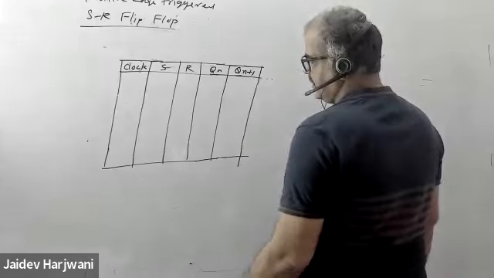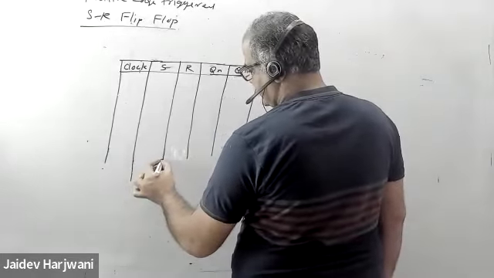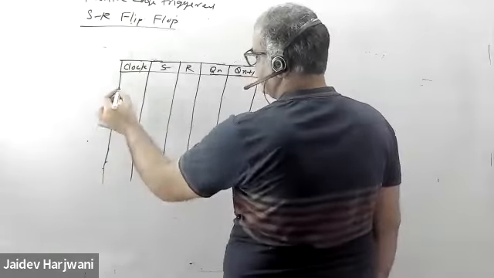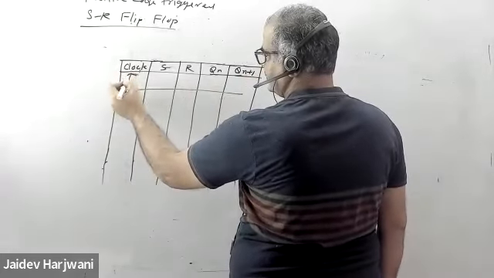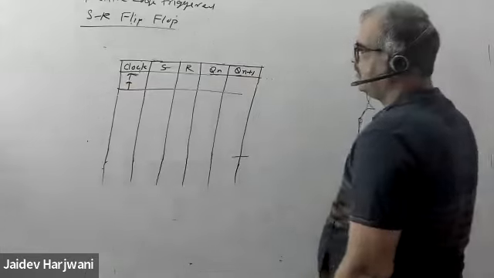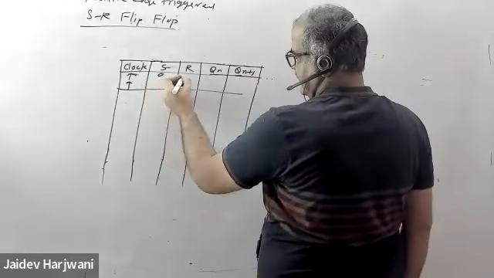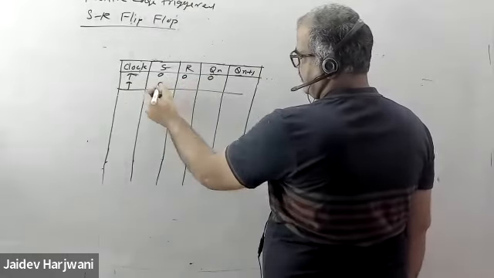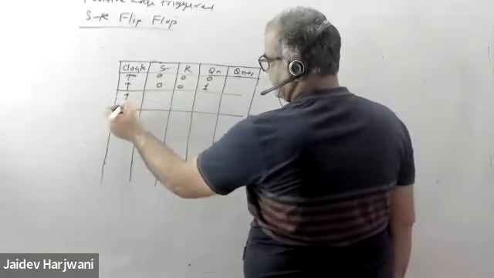Okay, now clock can be positive triggering or negative triggering. So here a positive triggering, so we'll represent it by this clock signal. Okay. So S can be 0, R can be 0. So when these are 0 0, the output can be 0, and when these are 0 0, the output can be 1. Okay, so the same table we'll make.